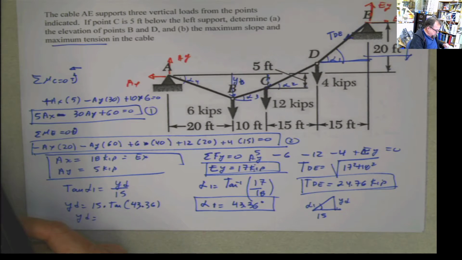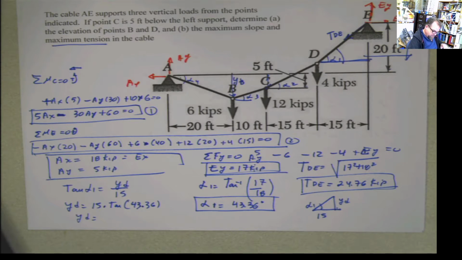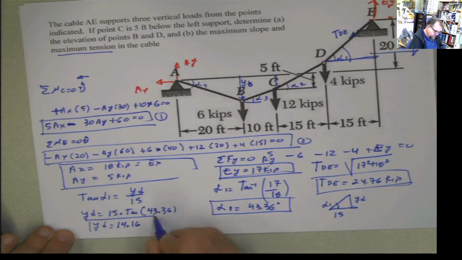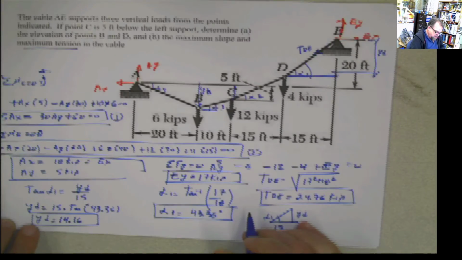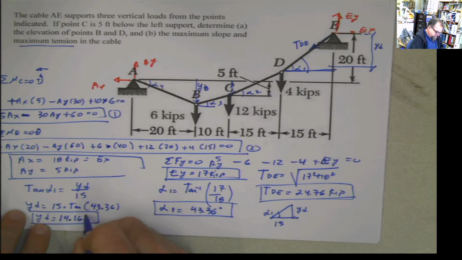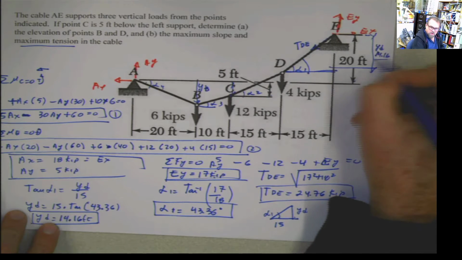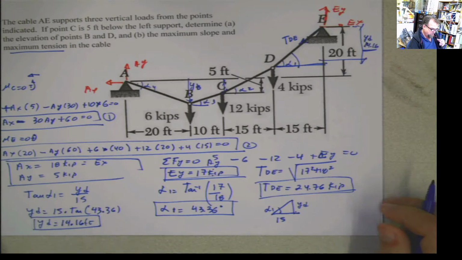That's YD, 14.16. What units are we working in here? Feet. So this distance here is 14.16, and this is one of the unknowns that the problem is asking us to find.